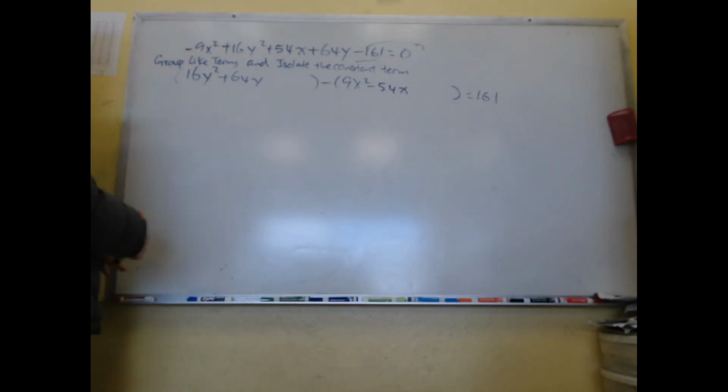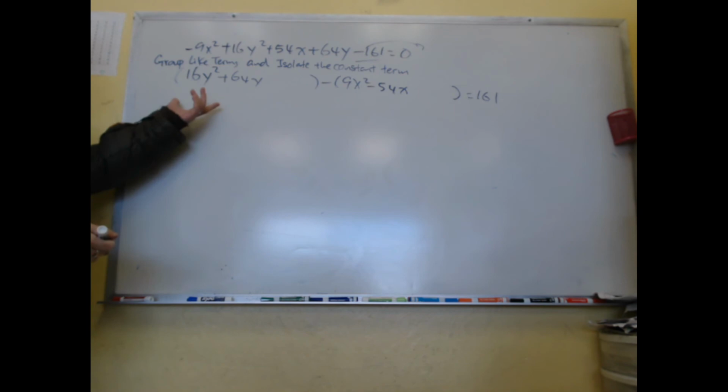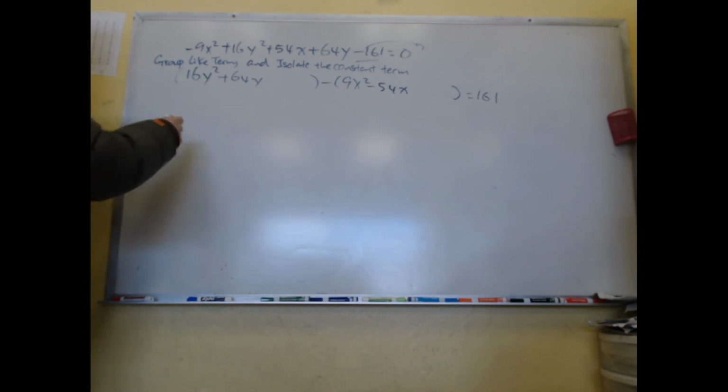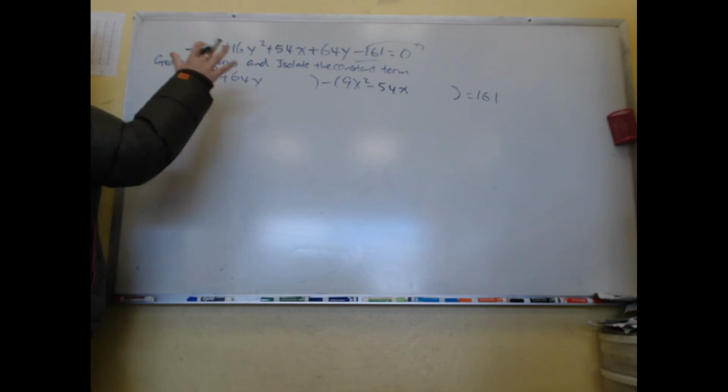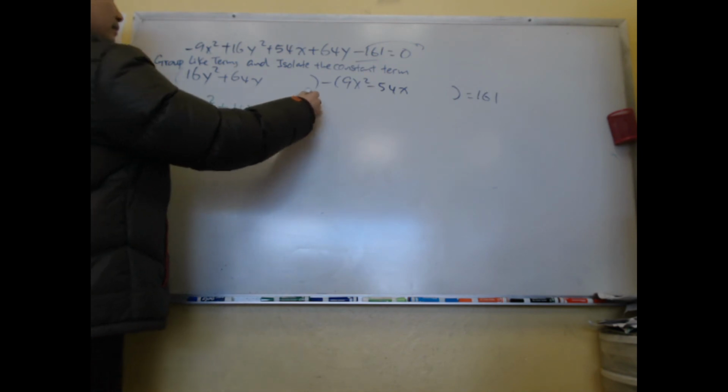So now, what do you notice? Can we take out the greatest common factor here? So the first group, what's the greatest common factor? Just 16, because we want to complete the square for this. So we got y squared plus 4y plus blank.